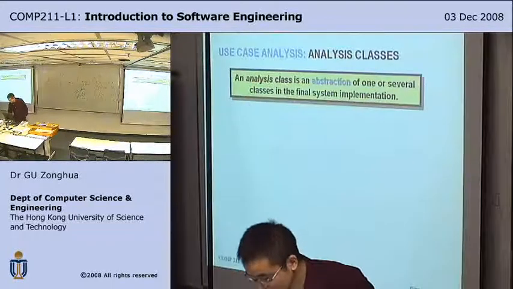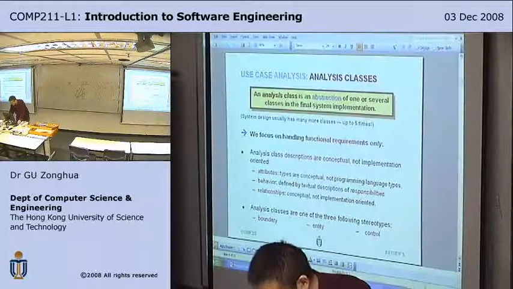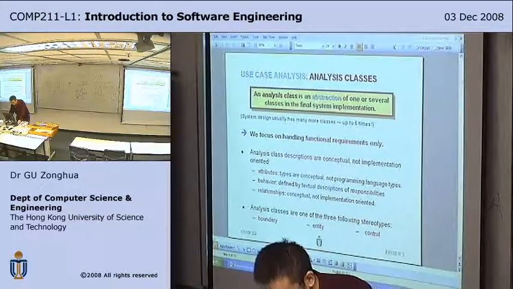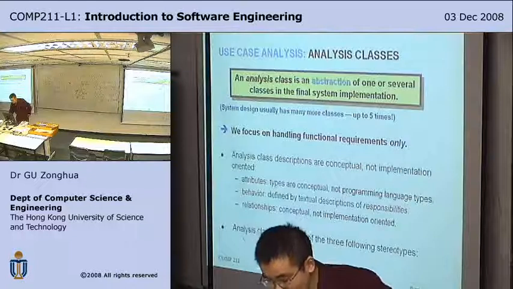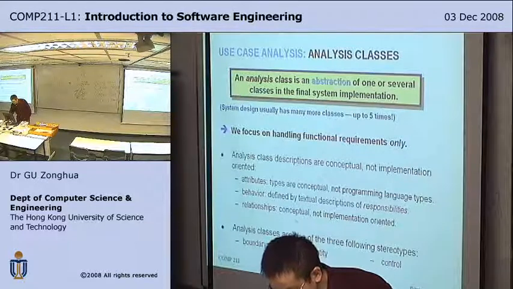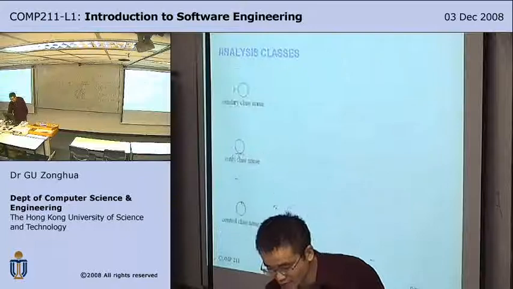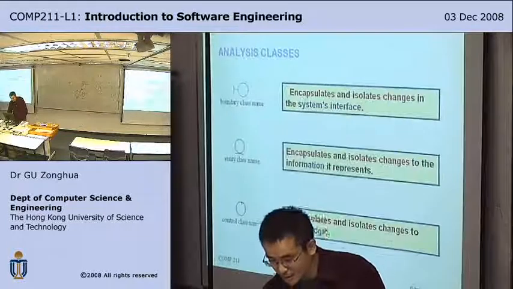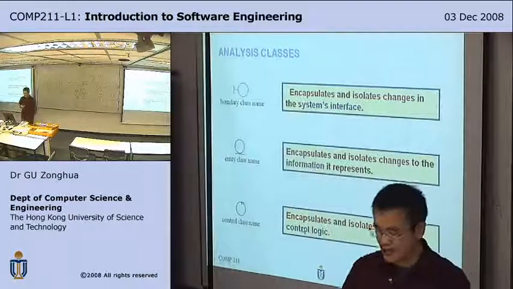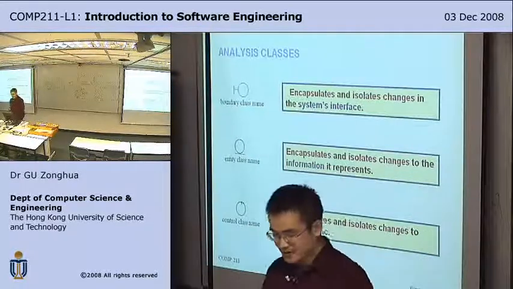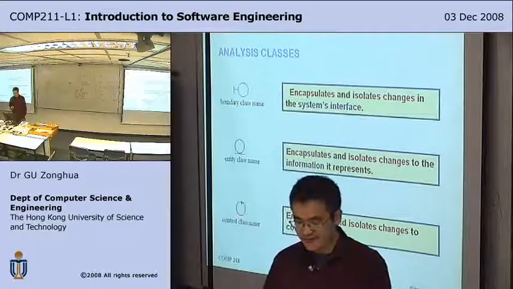So now, analysis classes handling functional requirements only. It can be divided into 3 stereotypes. Each one encapsulates and isolates changes in one part of the system. Boundary classes encapsulate changes in interface.